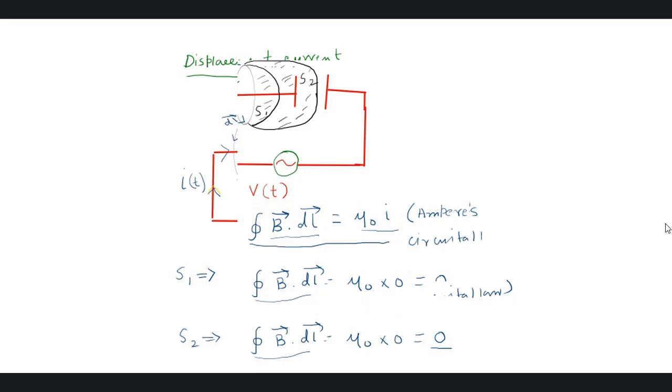So it is not possible, and experimentally we have seen that there is a current existing or flowing between the plates of the capacitor when there is a change in the electric field, or rather when we apply an AC source across the capacitor.